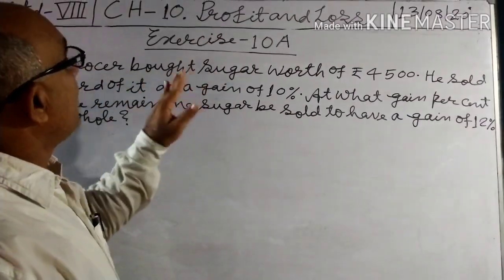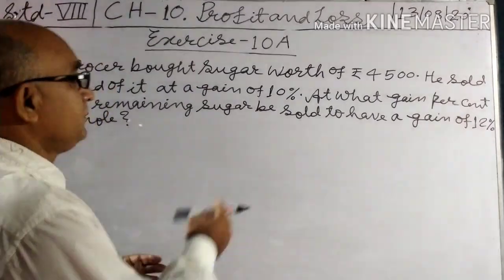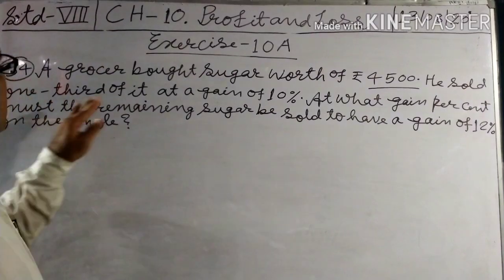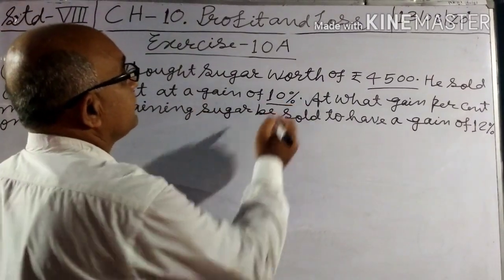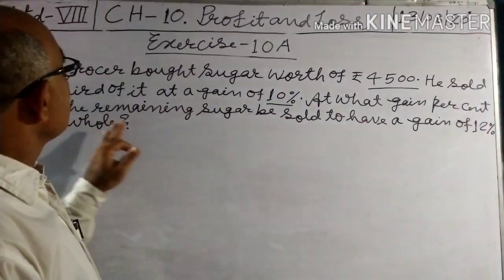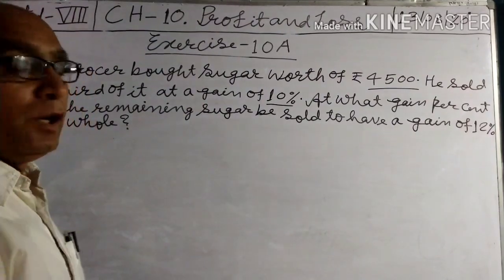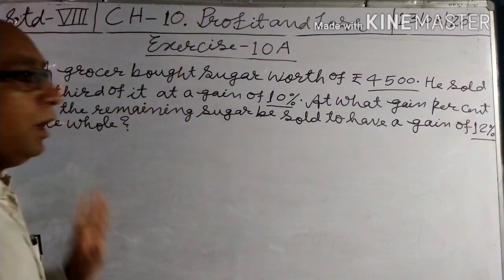A grocer bought sugar worth 4,500. He sold 1/3 of it at a gain of 10%. At what gain percent must the remaining sugar be sold to have a gain of 12% on the whole?